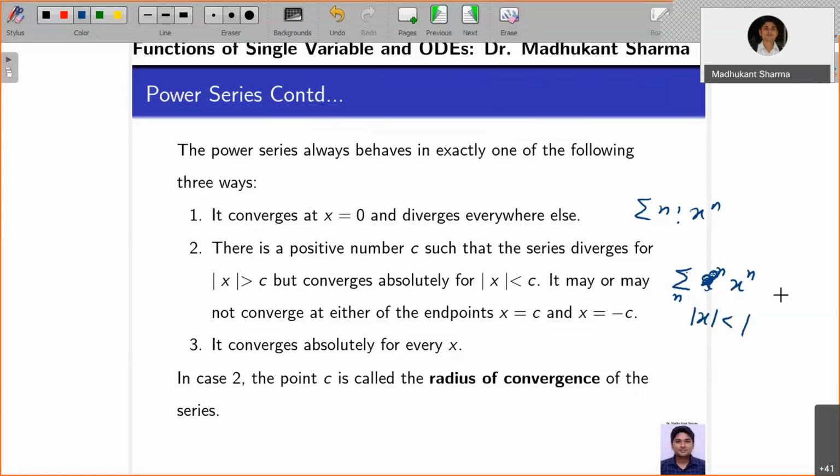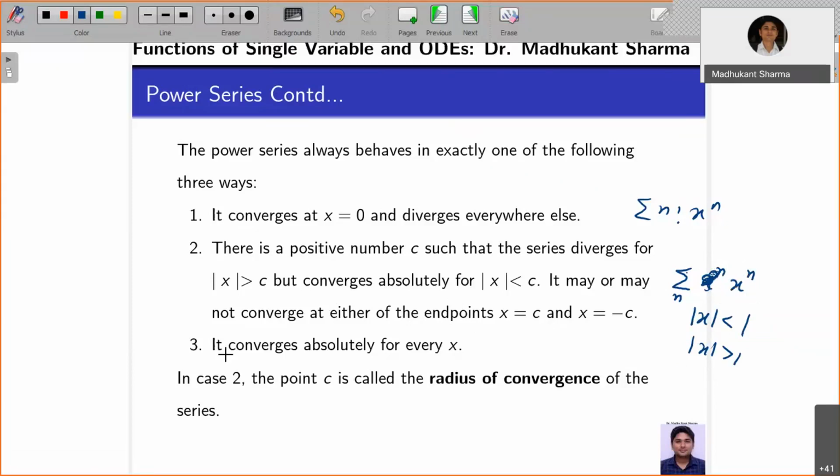For x equals 1 it diverges, and it diverges for mod x greater than 1. Because of the previous result, it diverges for mod x greater than 1, and you can also show that for mod x less than 1 it converges. So it does not converge at x equals minus 1, and it does not converge at x equals 1.